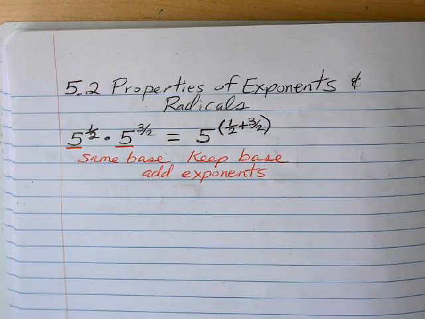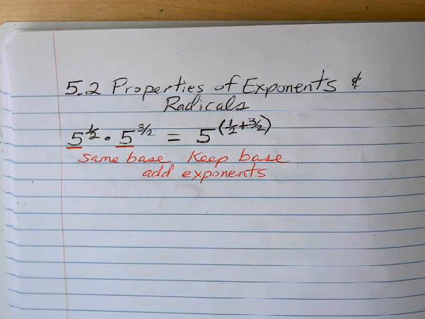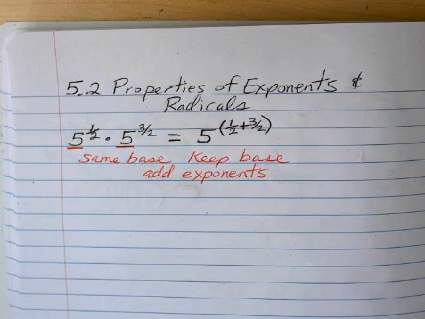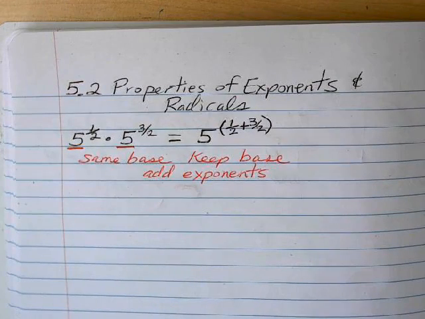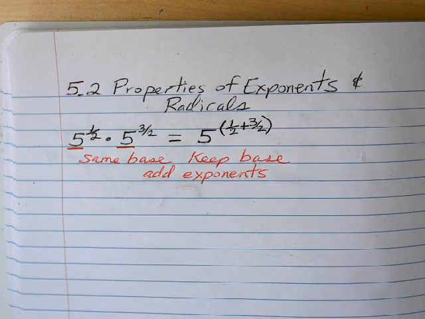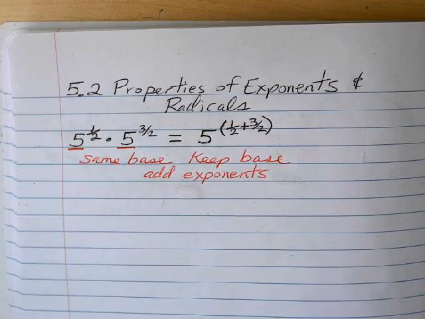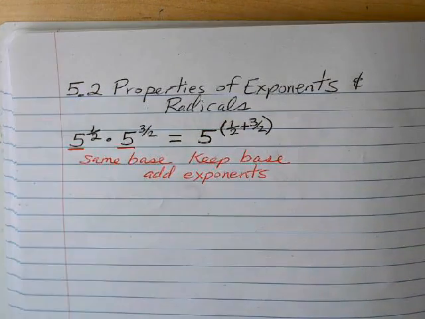Like when you were in Algebra 1, you did stuff like x to the 3rd times x to the 5th. That's the same kind of problem as this. And what do you do? You add those up, it's x to the 8th. It's the same as this problem, but our problem's harder because it has fractions up there. But you still add them. It's the same rule from Algebra 1.